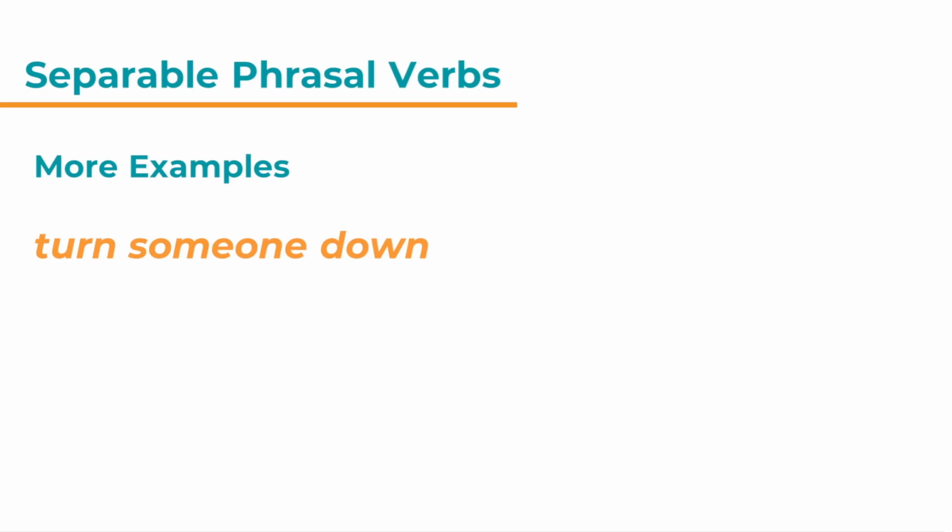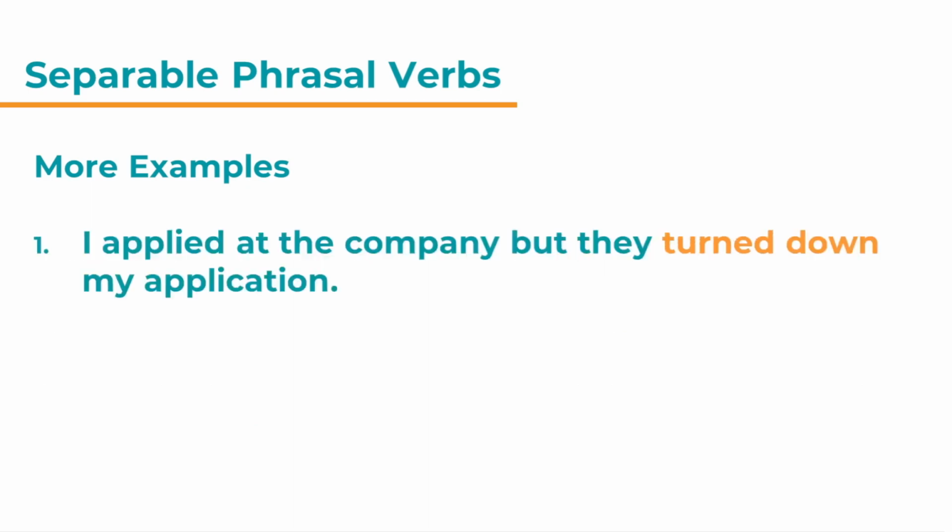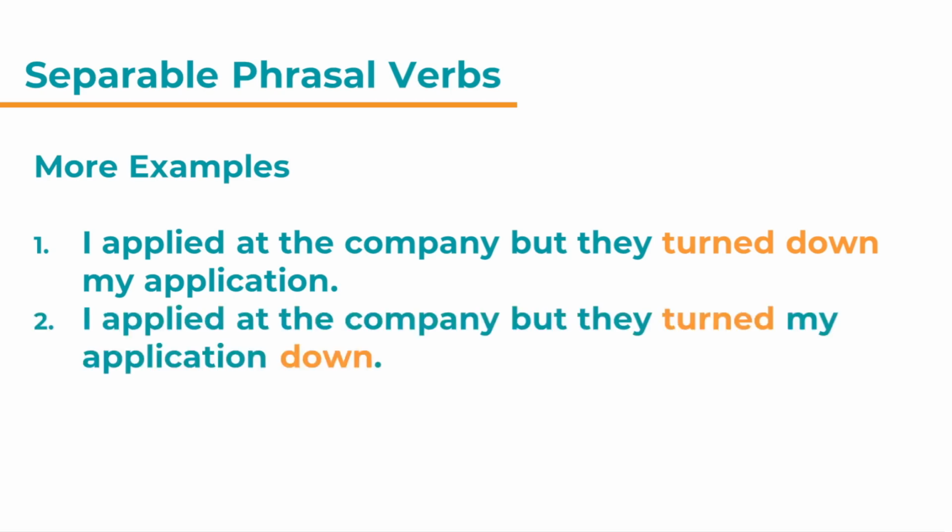Let's look at one more example. Turn someone down. This means not to accept someone. For example, I applied at the company, but they turned down my application. I could also say in number 2, I applied at the company, but they turned my application down. The direct object could be between the verb and the particle.